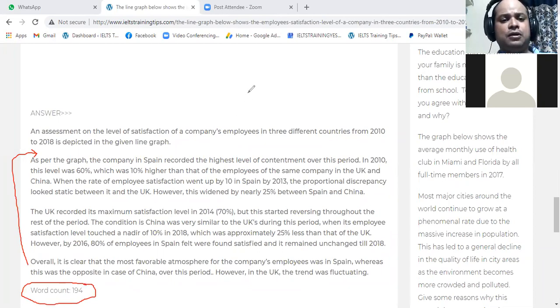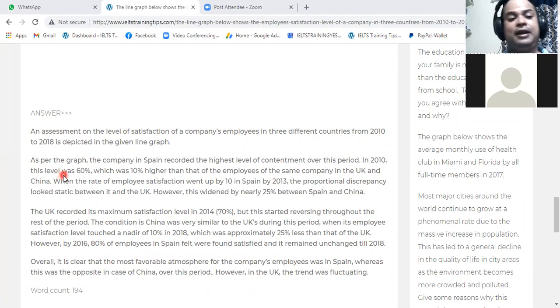Now this is what we are going to look at, as per the graph. The graph shows something. As per the graph, the company in Spain recorded the highest level of contentment over this period.